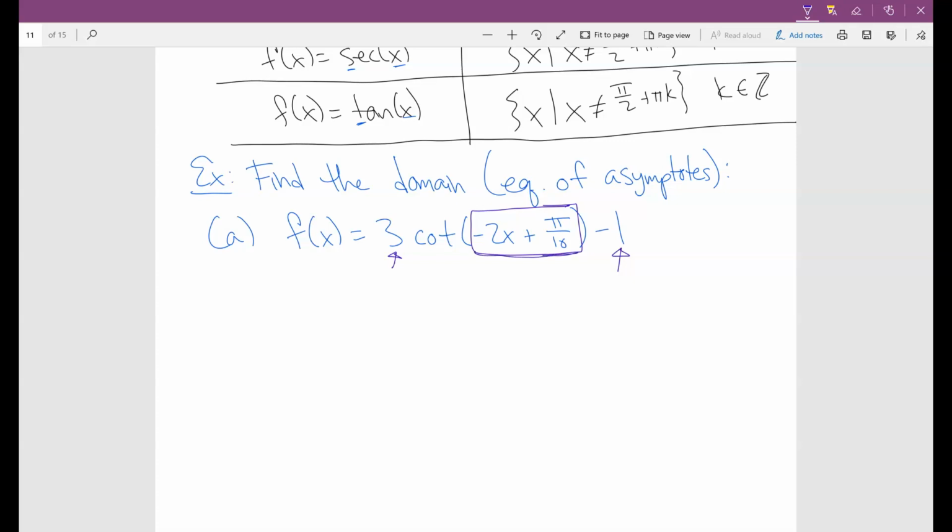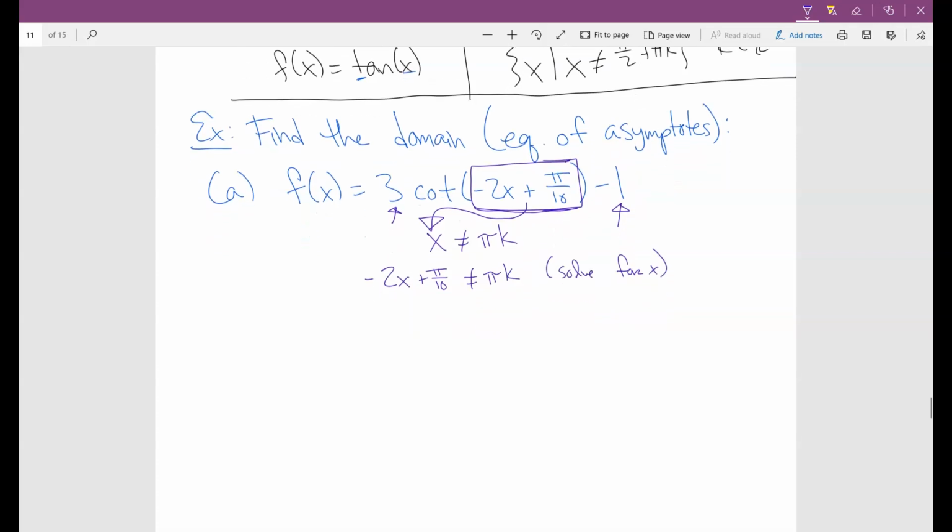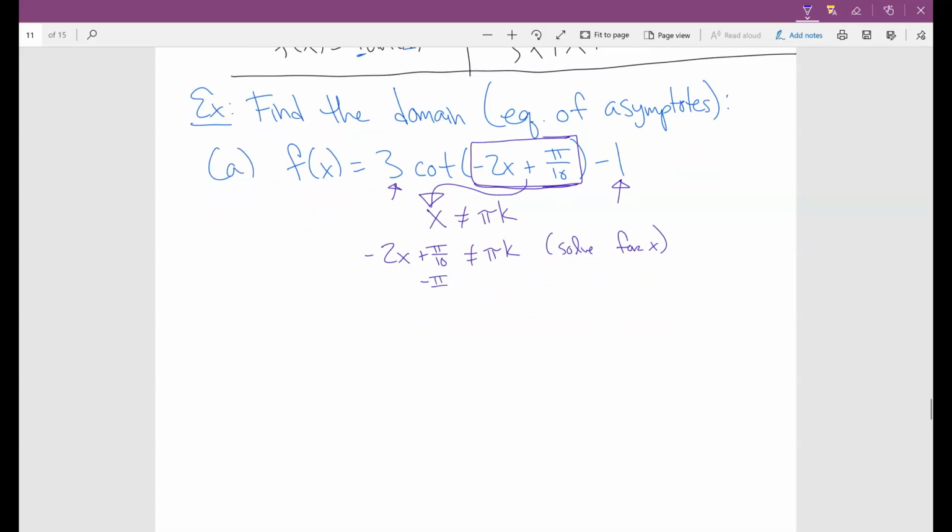So right now we know that for cotangent, the equation of the asymptotes is x is not equal to pi k. Just like how we were graphing it, we're going to plug that into the x. So we're going to have negative 2x plus pi over 10 is not equal to pi k. And now what we have to do is solve for x. First we subtract this pi over 10 over.